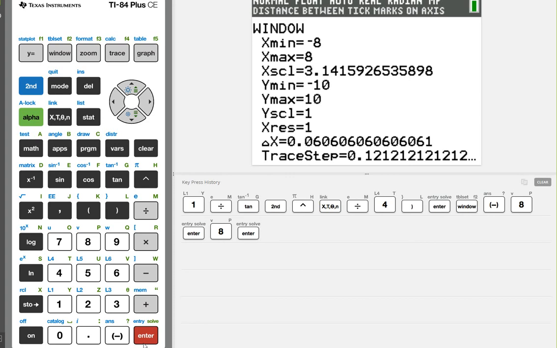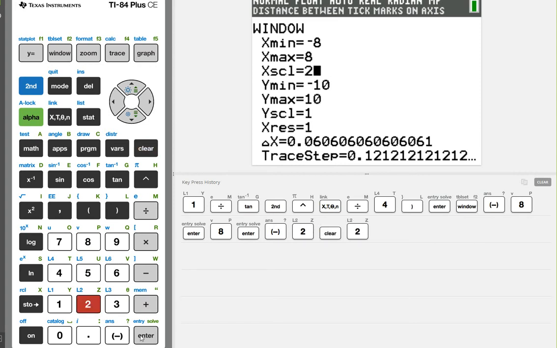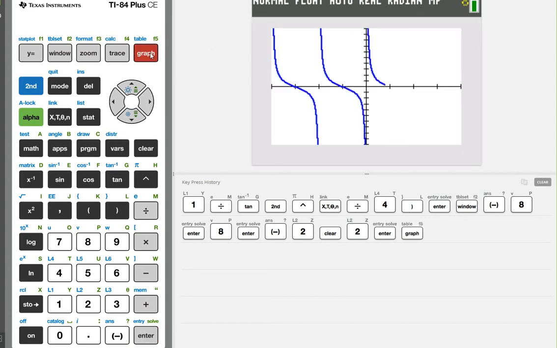And I'm going to have tick marks wherever I want them. If I put tick marks every 2 units, that should be good. And then we'll stick with -10 to 10. That seems to be working out pretty good. We're in radian mode, so hit it. There's your graph.